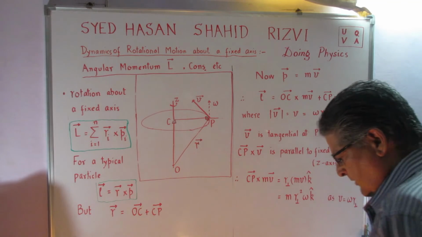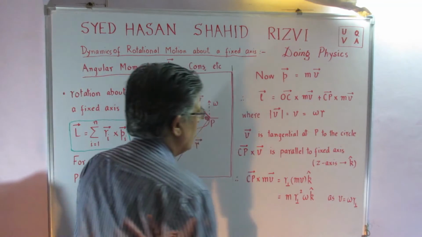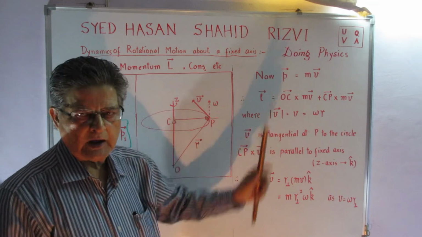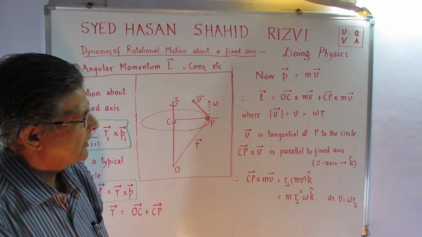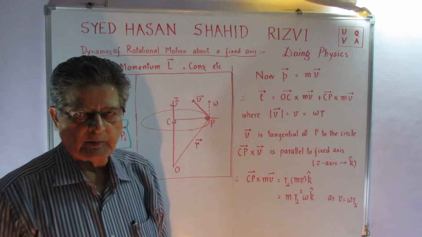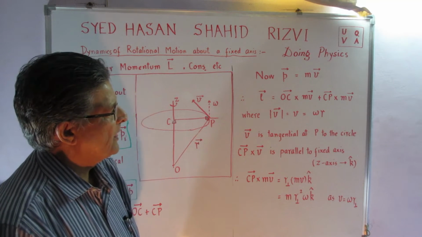Then we have another definition, the linear momentum P, which is equal to mv, where both the vectors P and V are in the same direction, parallel to each other.